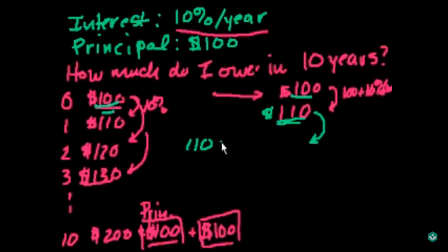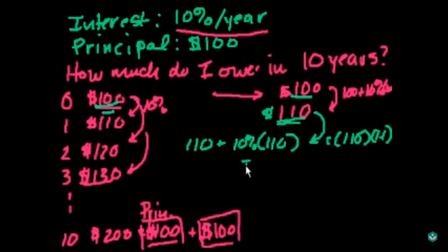So now we're going to take $110 plus 10% times 110, right? And that is equal to, you could actually undistribute the 110 out, 110 times 1.1, right?